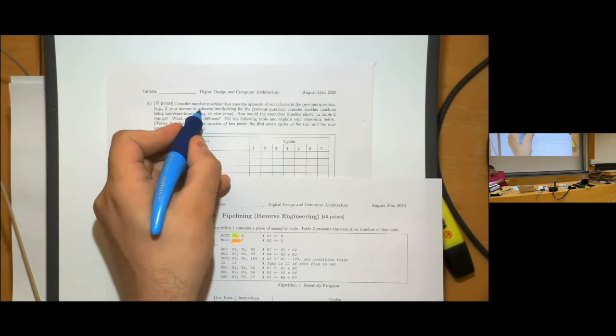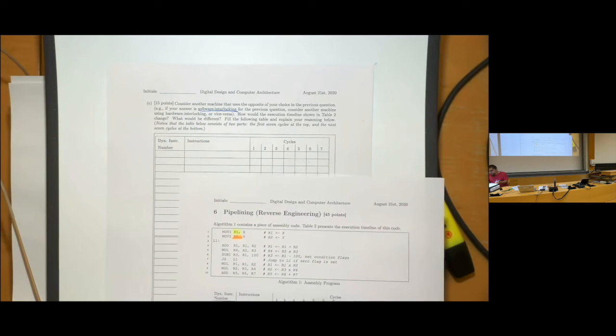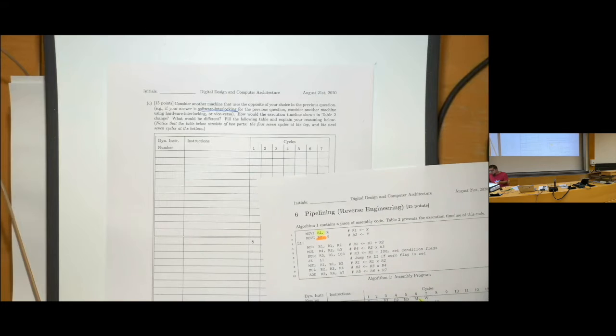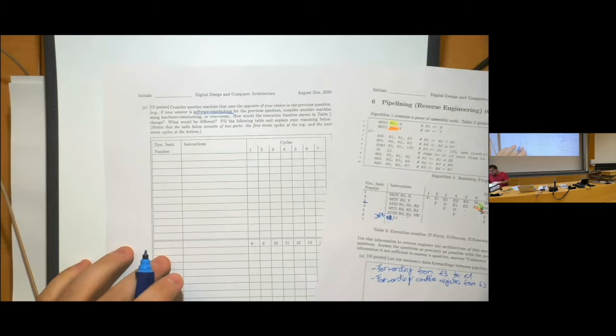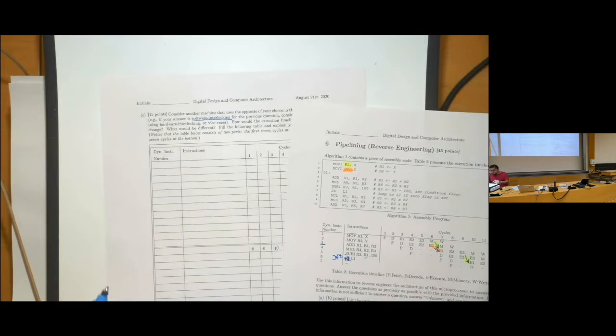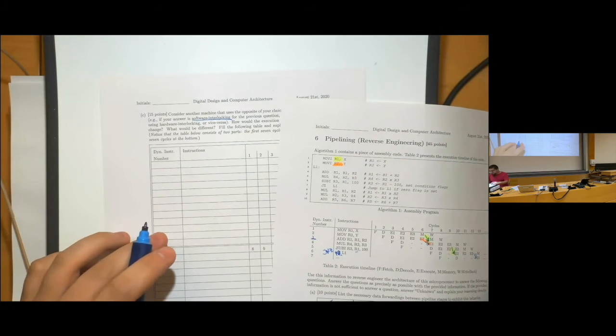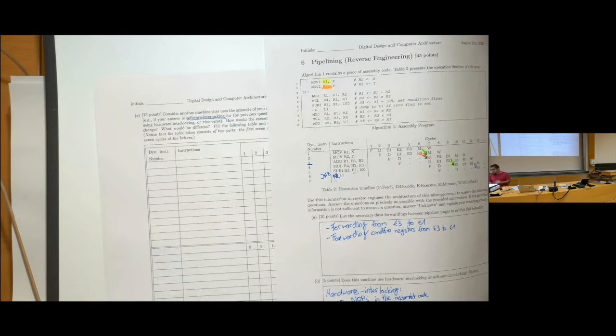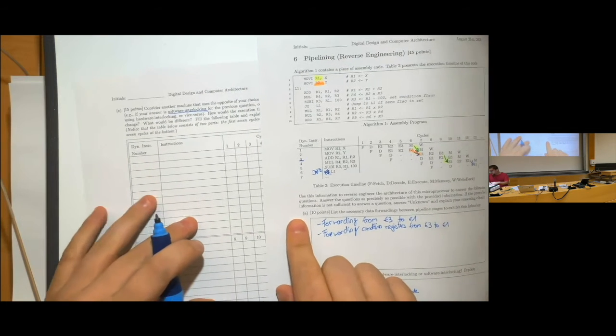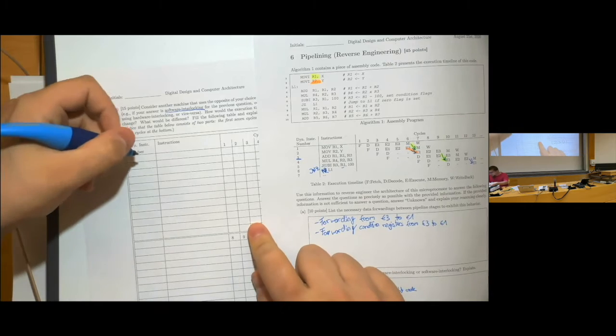So we should do software interlocking, and we basically should rewrite this execution timeline accordingly. So what we need to do is we take the instructions we had before, we insert no-ops in between as needed to account for these stalls that would happen with hardware interlocking, and write down the cycle timeline. So let's see.